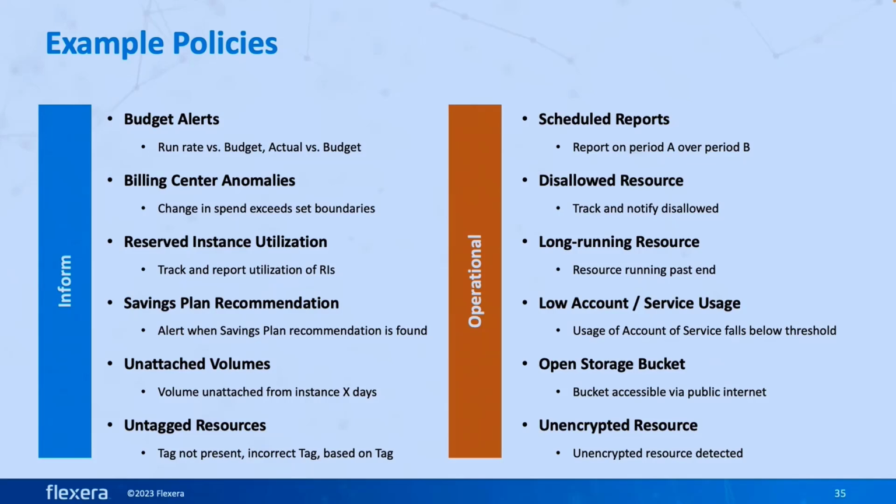A service has been used. Someone's hacked my account and is Bitcoin mining out of one of my Amazon instances. The utilization of my commitments has dropped below a certain threshold, producing the recommendations, untagged resources, unattached volumes. We've talked about those use cases. But we also use it to drive reporting, like delivering scheduled reports, telling you about long-running infrastructure, and security best practices like open buckets and other things, right?